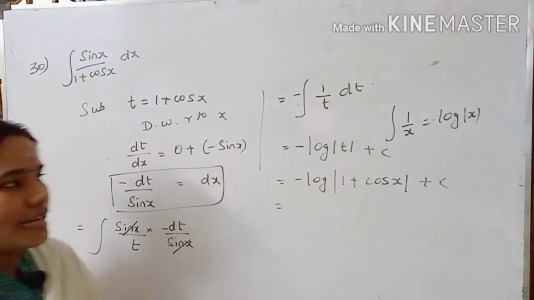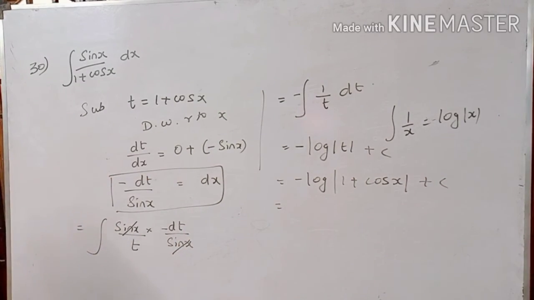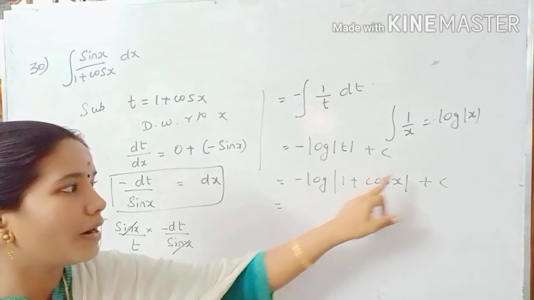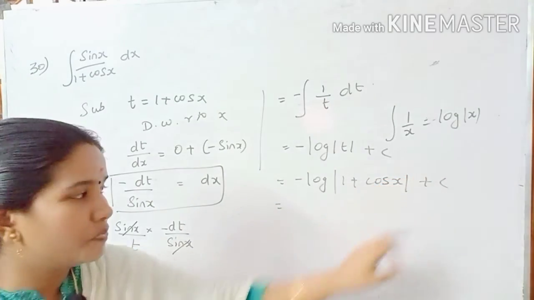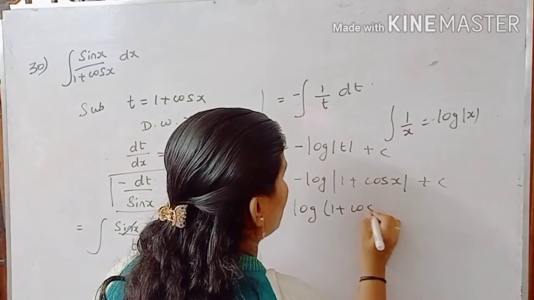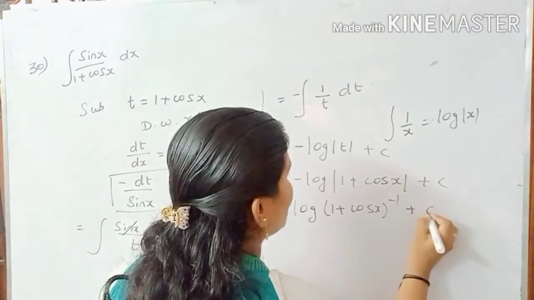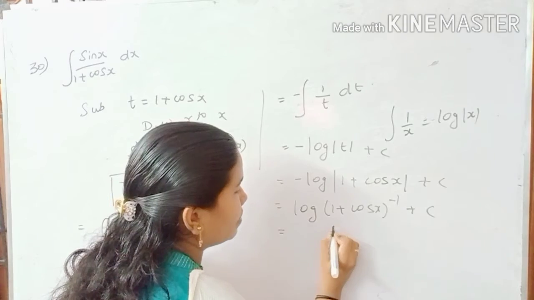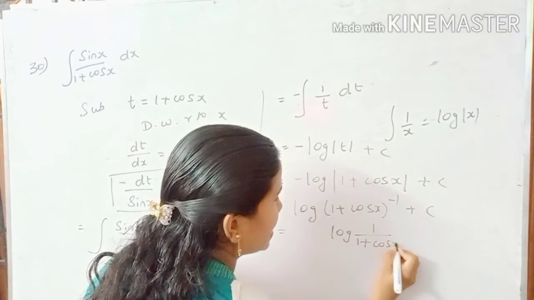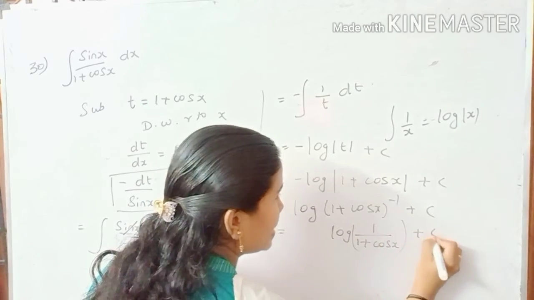As we know the formula for the logarithm, the negative part will become a power. So log of 1 plus cos x the whole power minus 1 plus c. So this is nothing but log 1 divided by 1 plus cos x plus c is the answer.